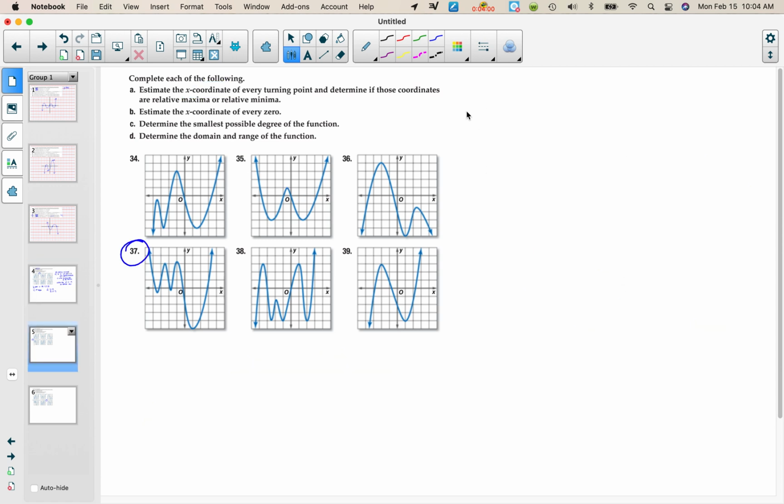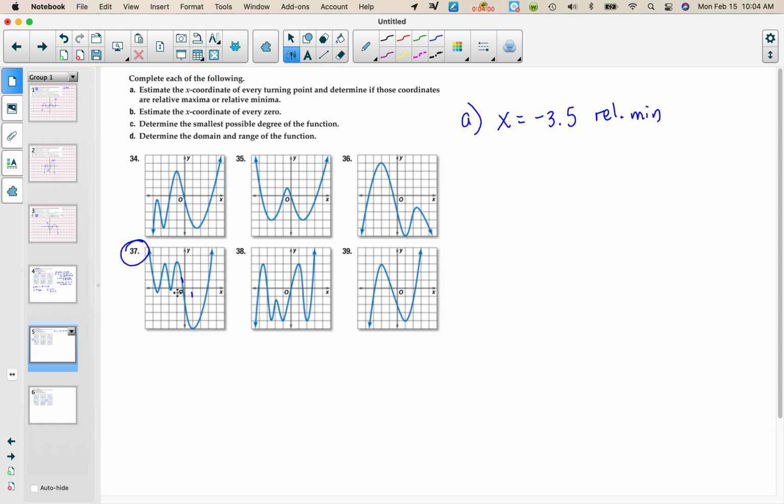For problem 37, part A, estimate the x-coordinate of every turning point and determine if it's a relative max or relative min. So turning points we have at x equals, again, I'm going to assume that we're counting by ones. So maybe negative 3.5. This would be a relative min.